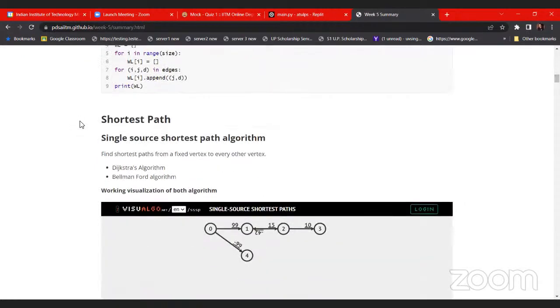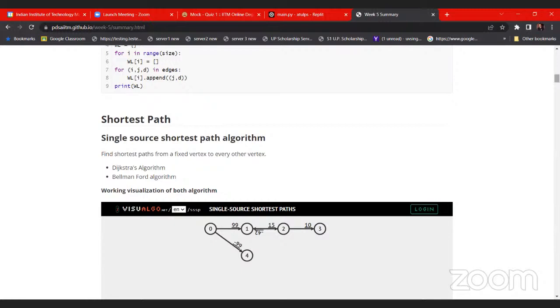So the first topic is shortest path. Shortest path is a commonly used topic in our life. If we look at Google Maps, that is a basic, common application we generally use. If we are planning to travel to any place and we want to find the shortest way or shortest path to the destination, we can use Google Maps.